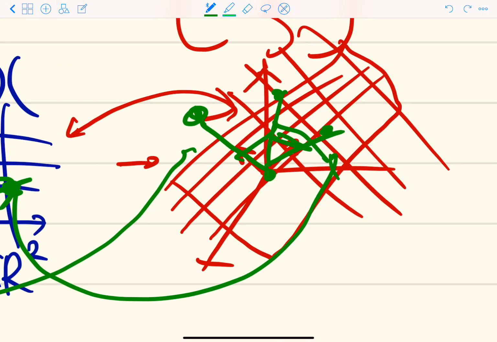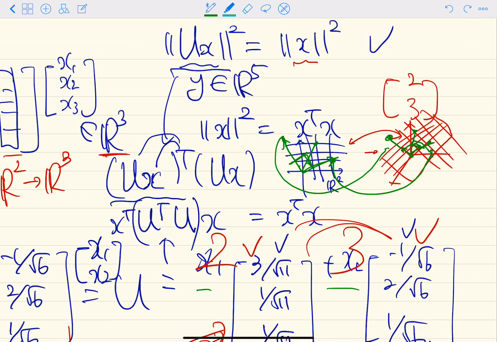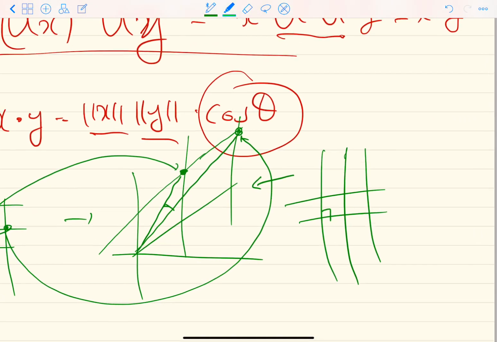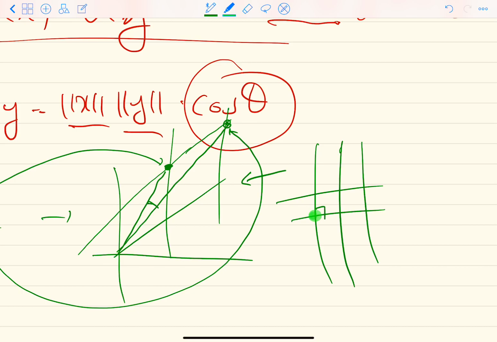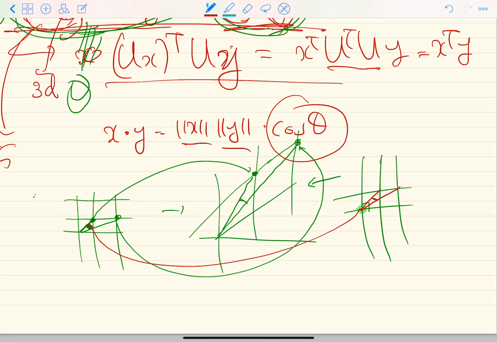If you remember this figure, we originally considered a 3-dimensional space where the 2-dimensional regular grid coordinate system is embedded, but within that span, or column space, the vector lengths and the angle will remain the same, right? Okay, so that was the point that we discussed last time.